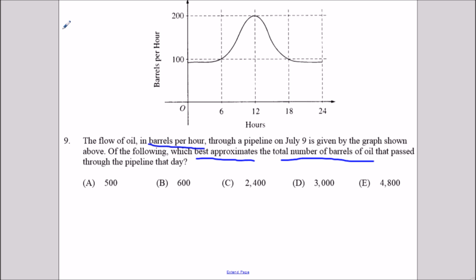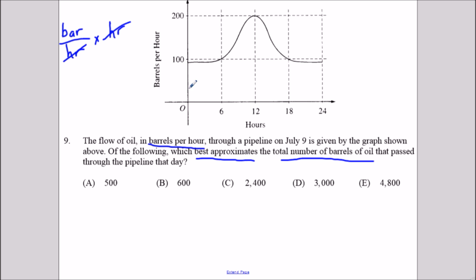So the key is, if the y-axis is in barrels per hour and the x-axis is in terms of hours, if we multiply them, or in some sense find the area under the curve, when we multiply barrels per hour times hours, the units cancel and it gives us the unit that we want for our answer, barrels.